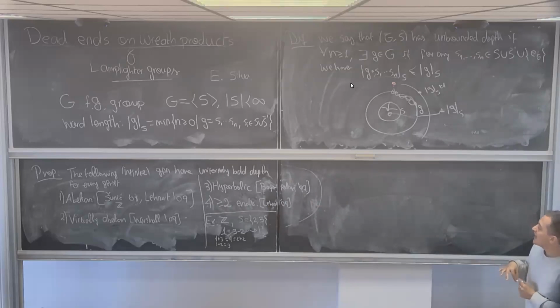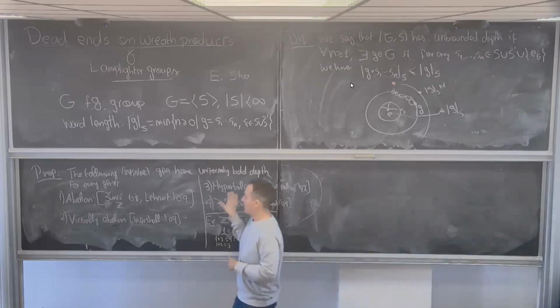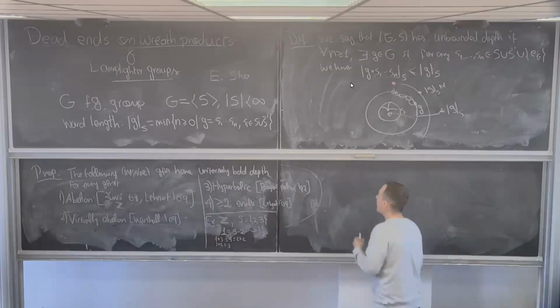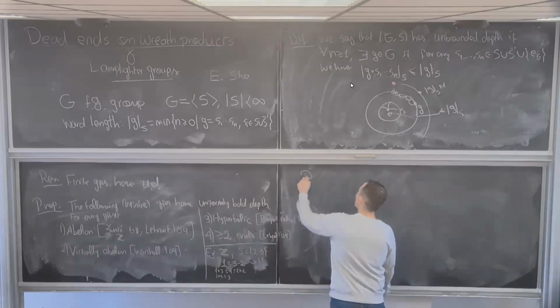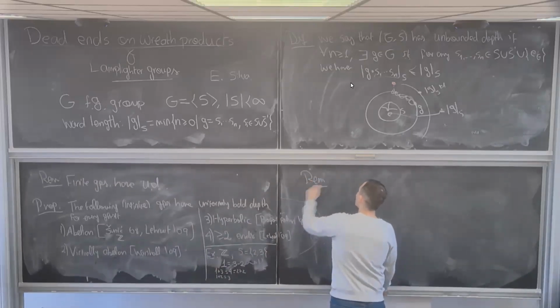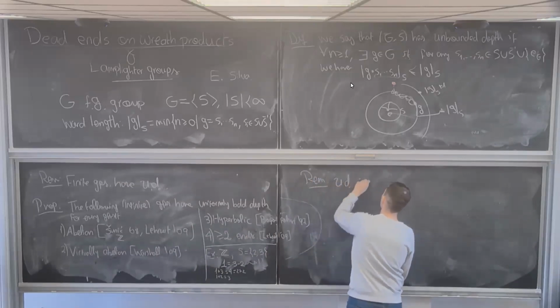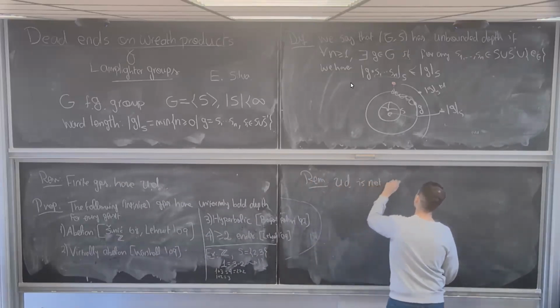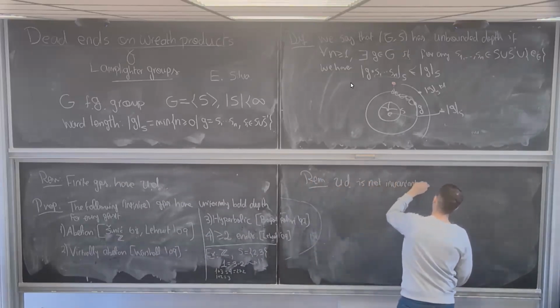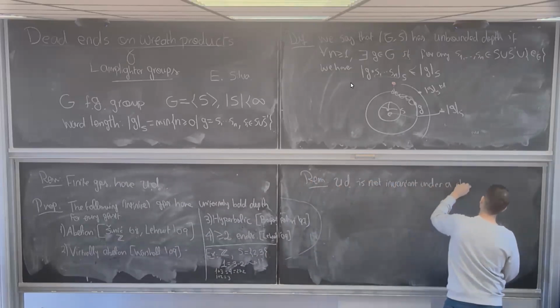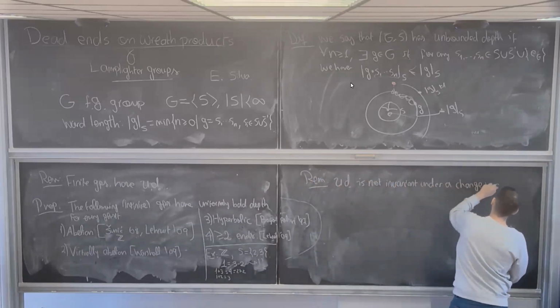So as I was saying, for these groups it's invariant for every generating set, but in general, it's not. So maybe a remark: having a moment that is not invariant under a change in generating set.